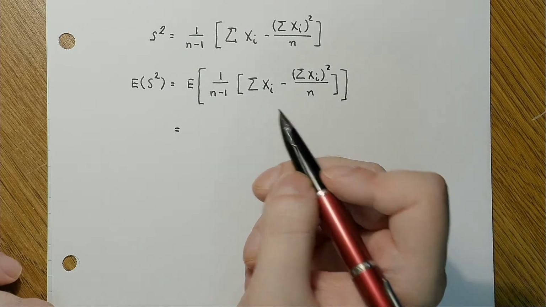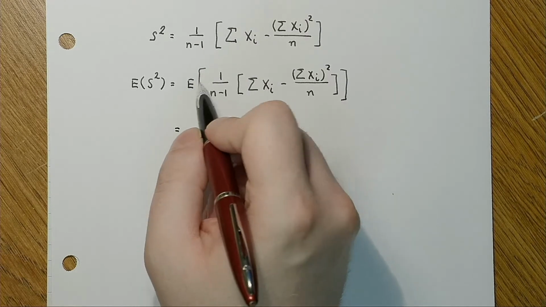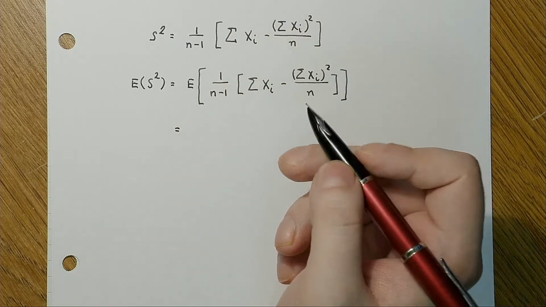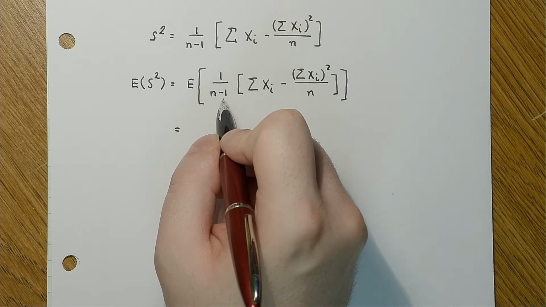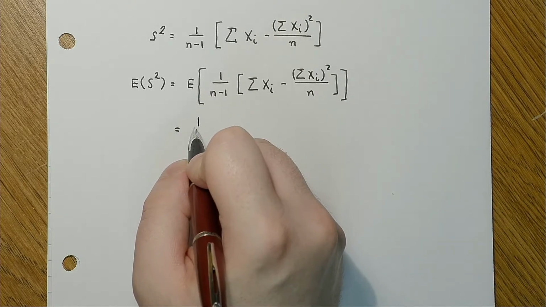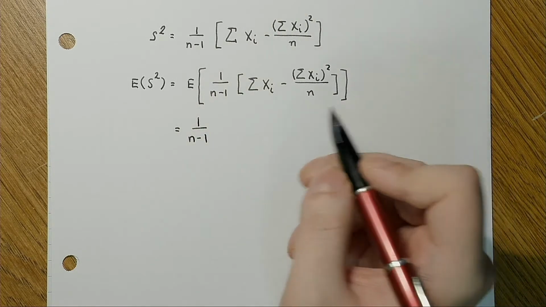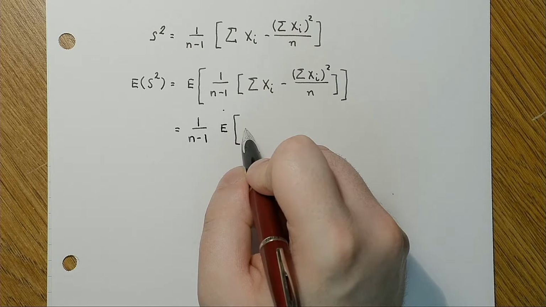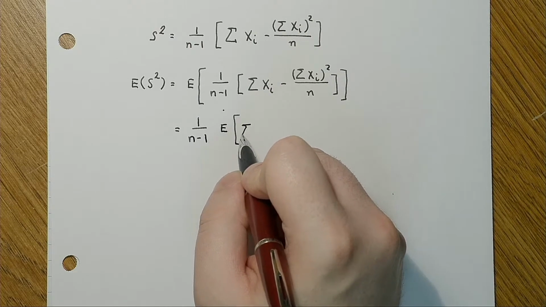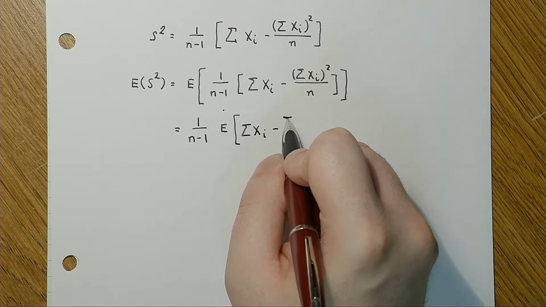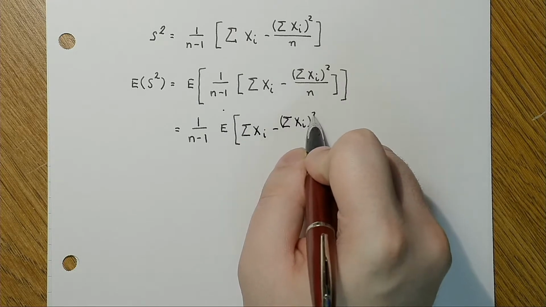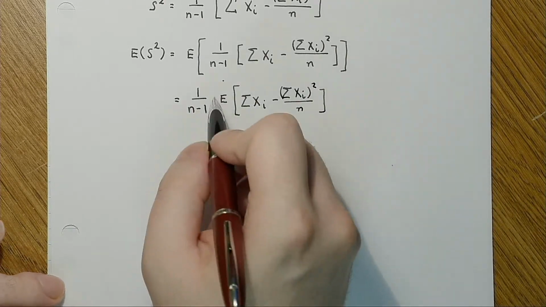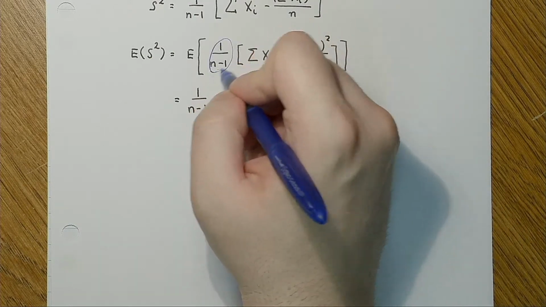Then the next thing is I'm going to apply the expected value to each of these. So again, the 1 over n minus 1 is a constant, so I can bring that out in front. And so I'm left with this. Okay, so again, all I did was I brought this out in front.